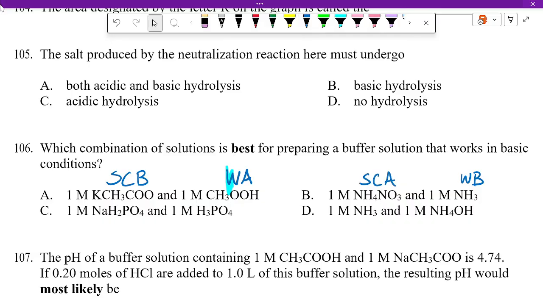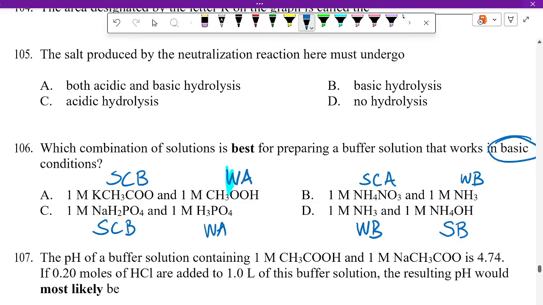Here we have a weak base and a strong base. And over on the right, we have a weak acid and the salt of its conjugate base. Which of those is going to form a basic buffer? The weak base and the salt of its conjugate acid.